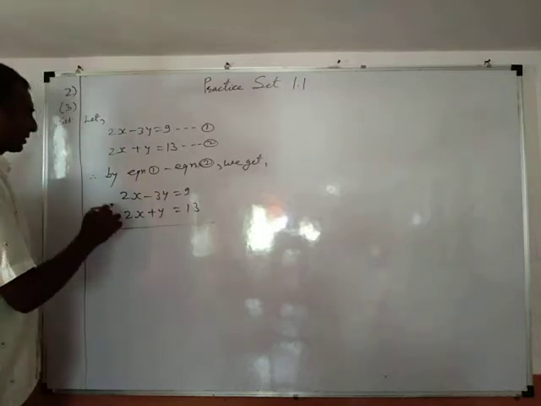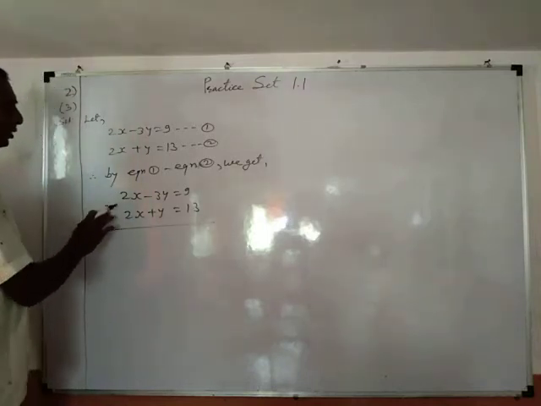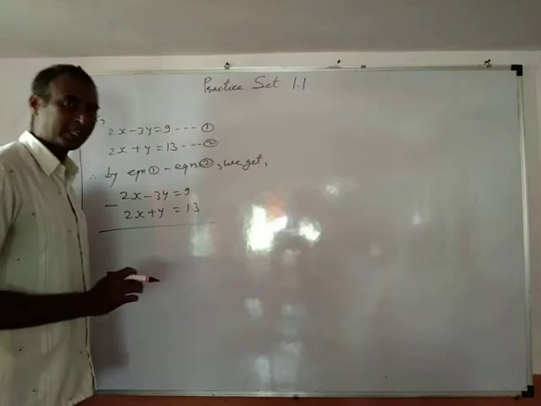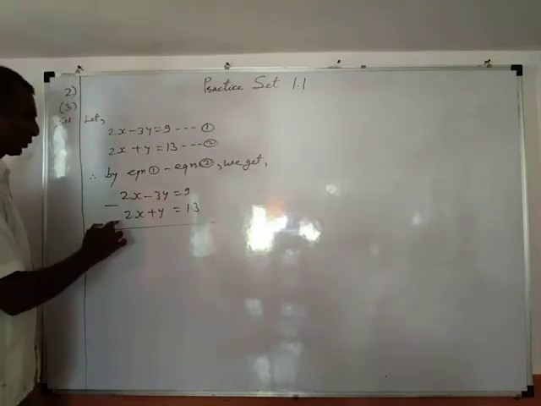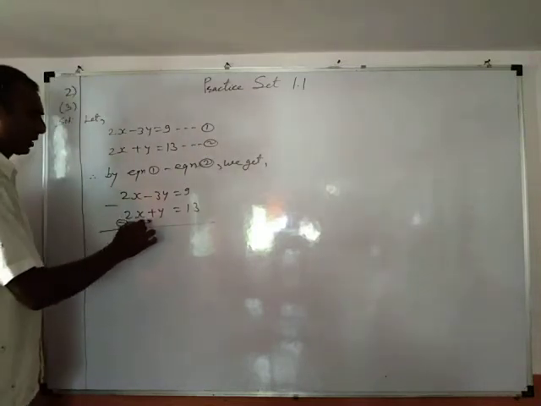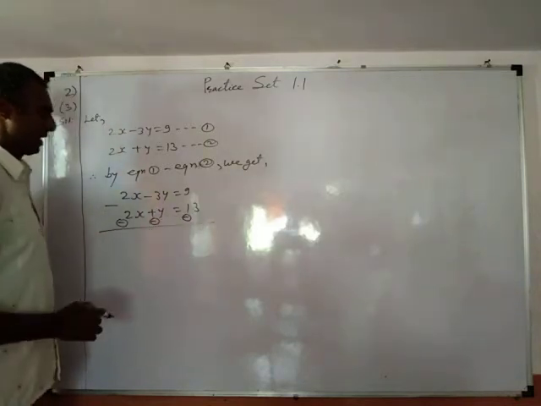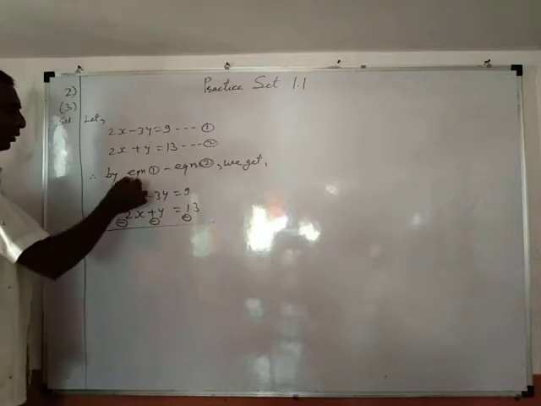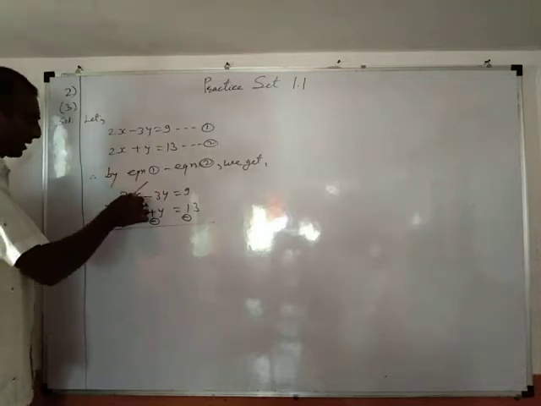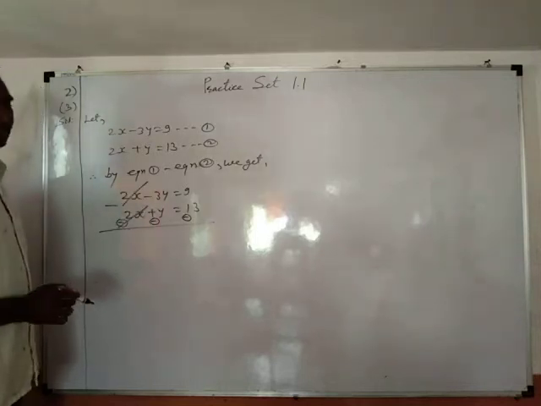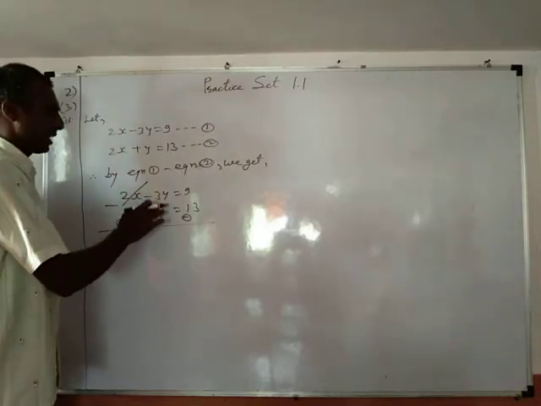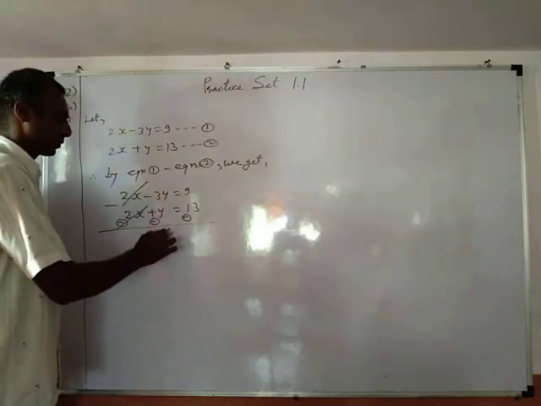Due to the operation of subtraction, the sign of every term of the second equation will be changed. Plus 2x will become minus 2x, plus y will become minus y, and 13 will become minus 13. Now here 2x and the newly generated minus 2x will cancel each other. Minus 3y minus y gives us minus 4y.